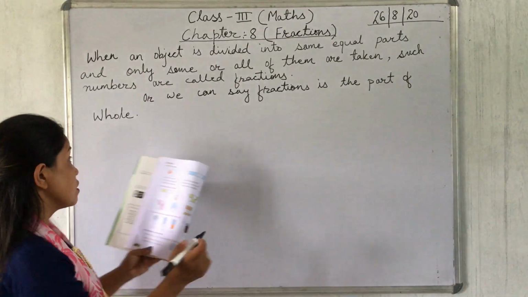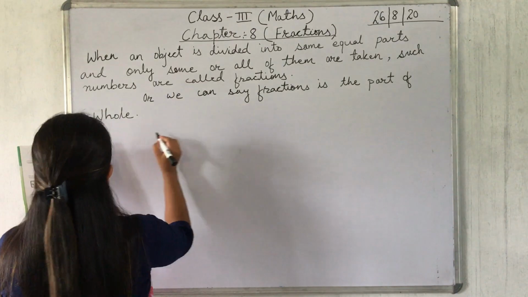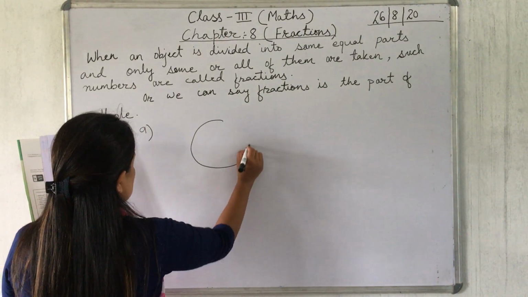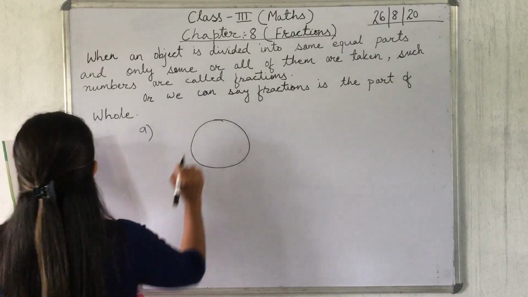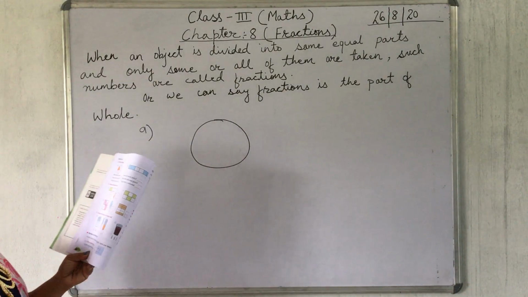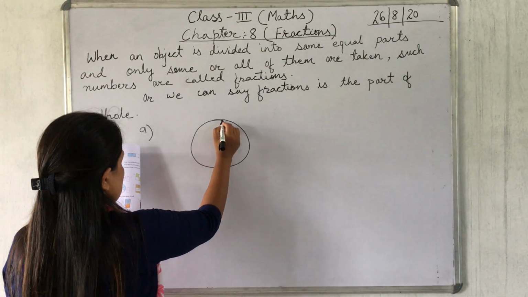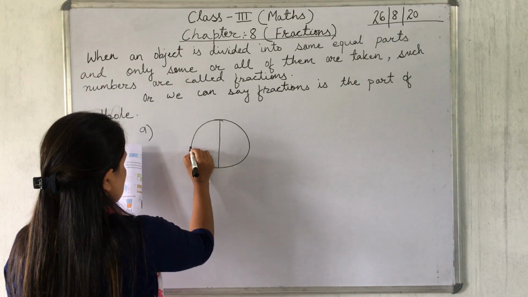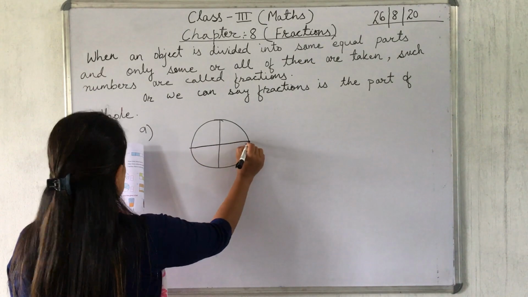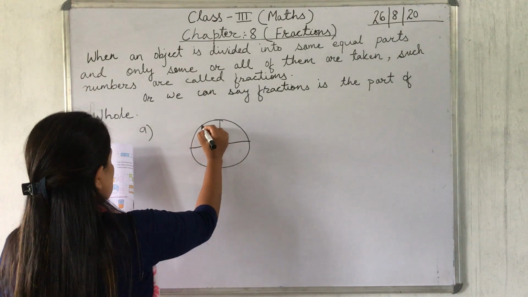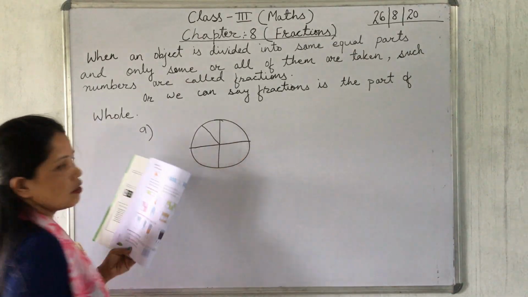Now, there is a circle, number A. The circle is divided into 5 equal parts.